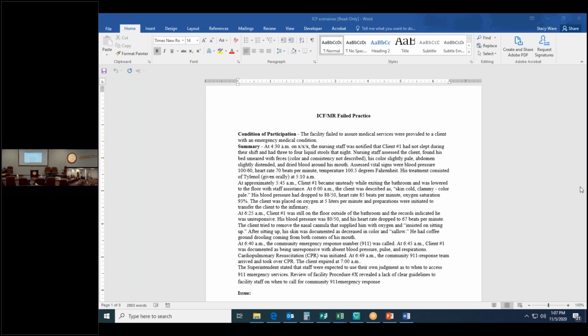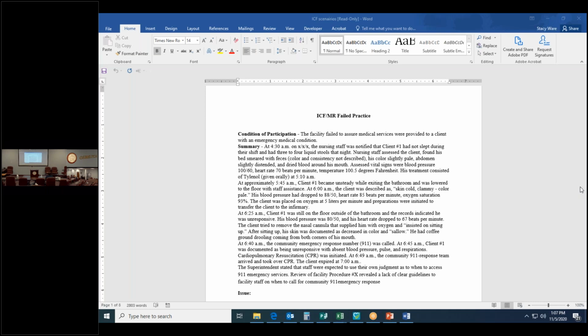Assessed vital signs were blood pressure 100/60, heart rate 70 beats per minute, temperature 100.5 degrees Fahrenheit. His treatment consisted of Tylenol given orally at 5:10 a.m. At approximately 5:45 a.m., client 1 became unsteady while exiting the bathroom and was lowered to the floor with staff assistance.